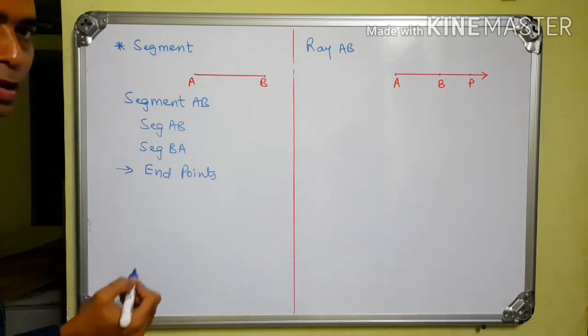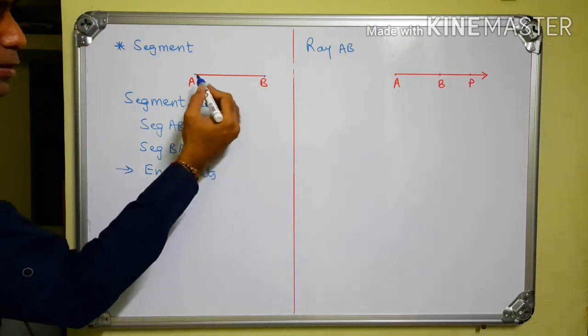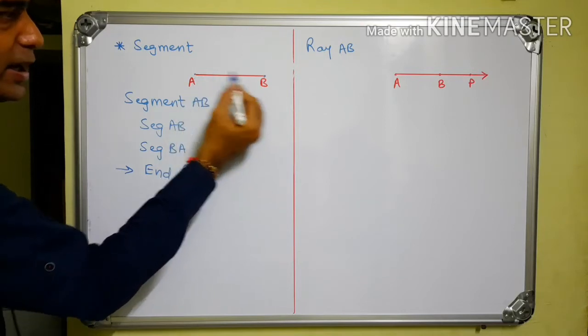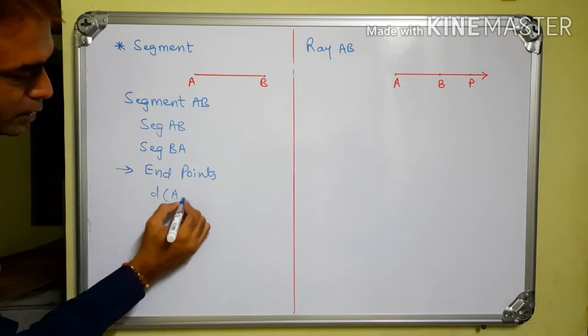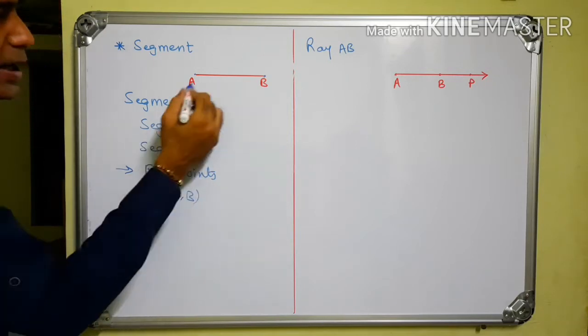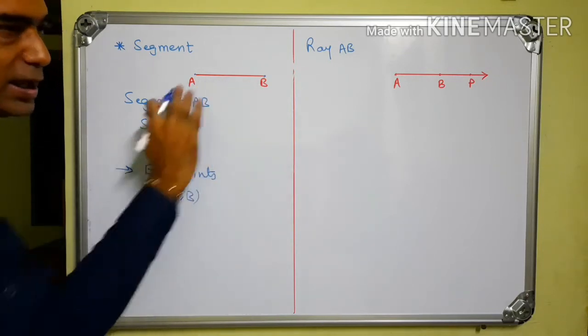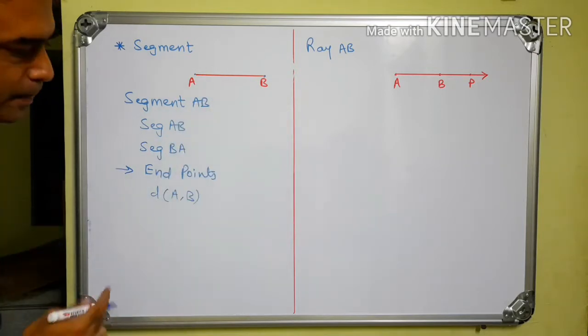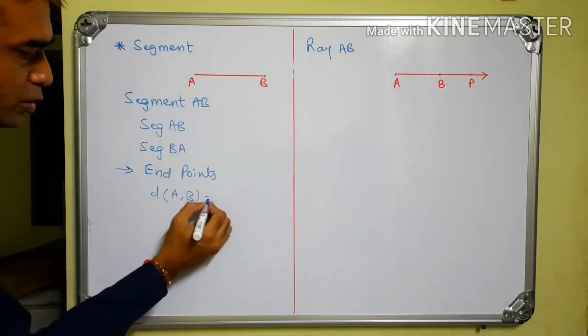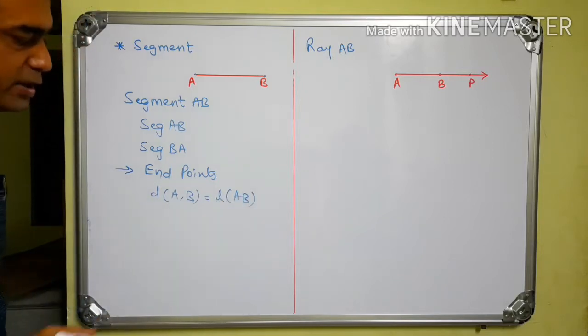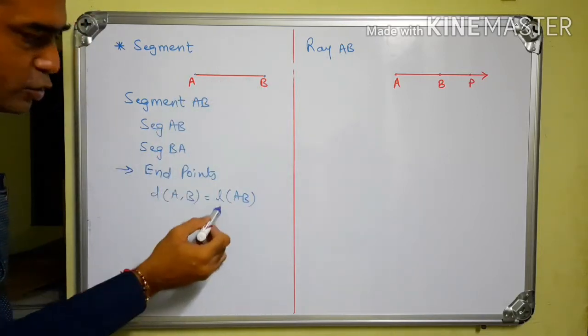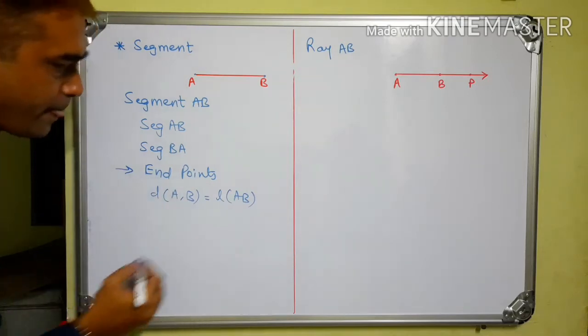Now the distance between point A and point B is called the length of the segment. So distance AB equals length AB.